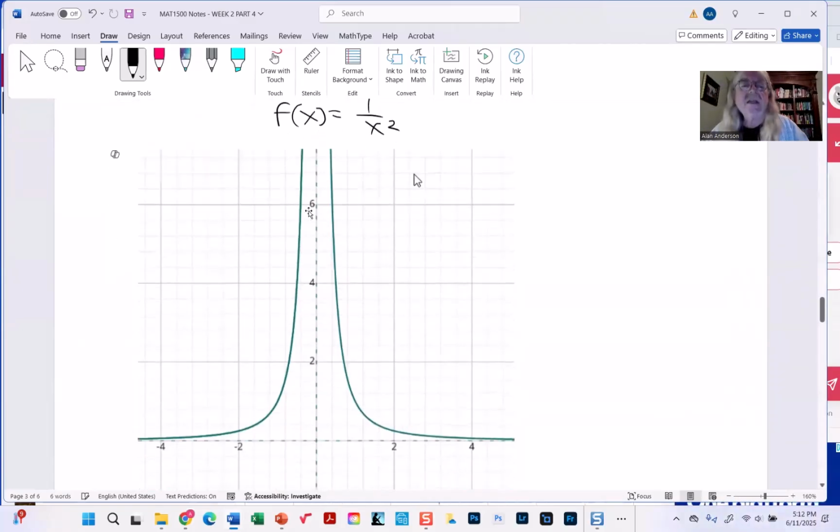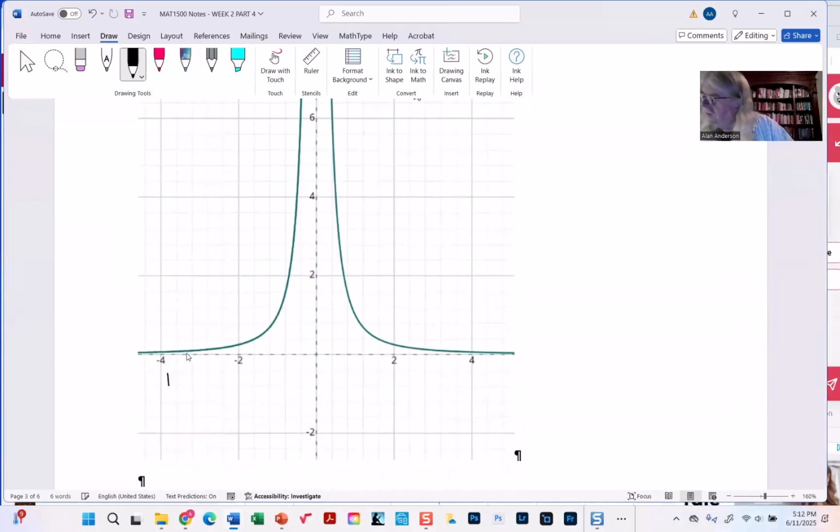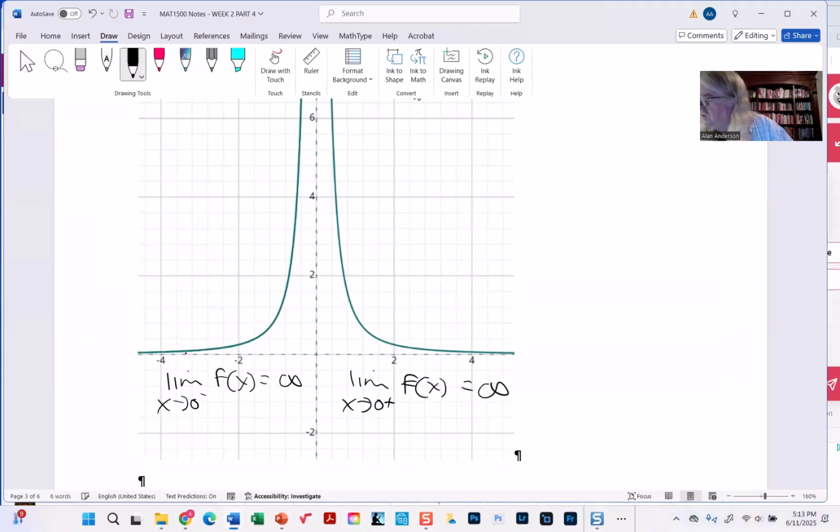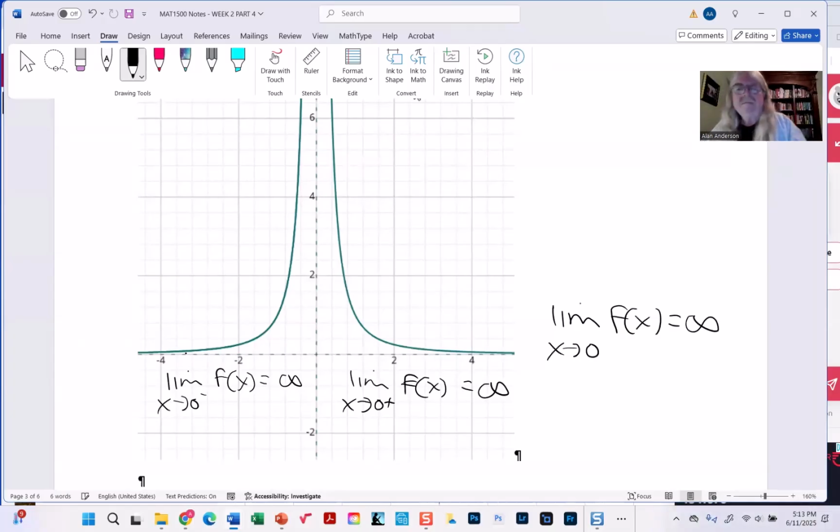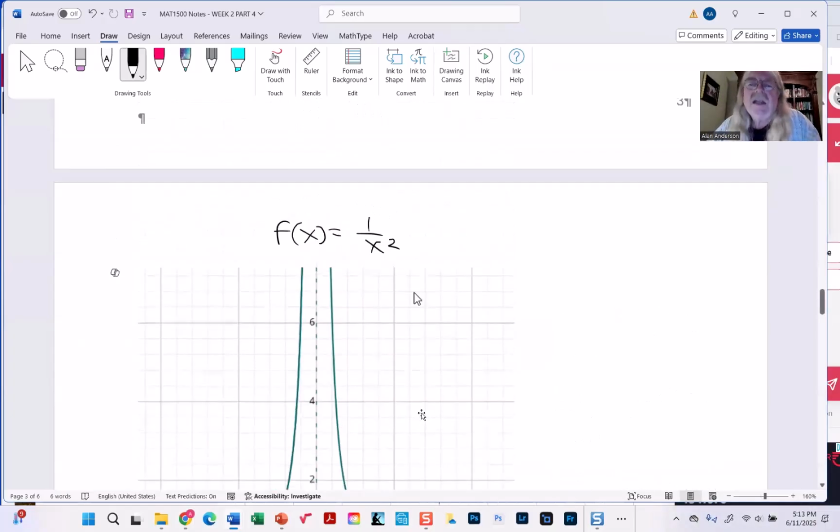So what this indicates is that the limit as x approaches 0 from the left is positive infinity, and so is the limit coming from the right. So we can conclude that the limit of this function is infinity. Okay. Now, this is going to come in handy.